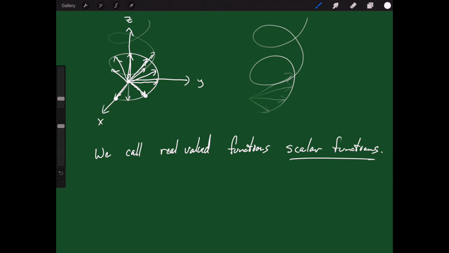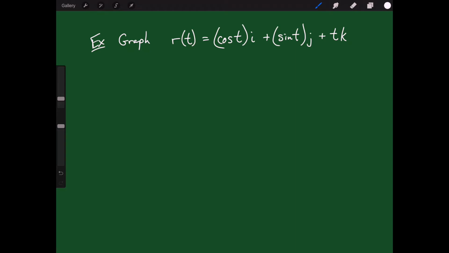Okay, so let's take a quick look at an example. Let's graph the following vector-valued function. Let's say we have r of t is equal to cosine of t times i plus sine of t times j plus t times k.